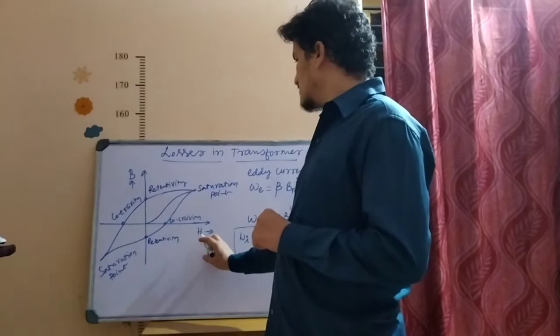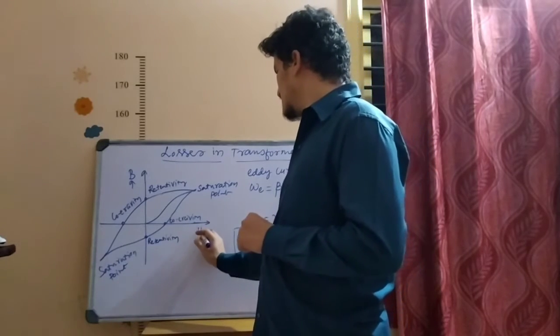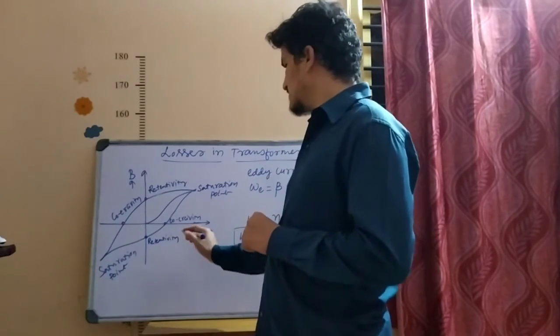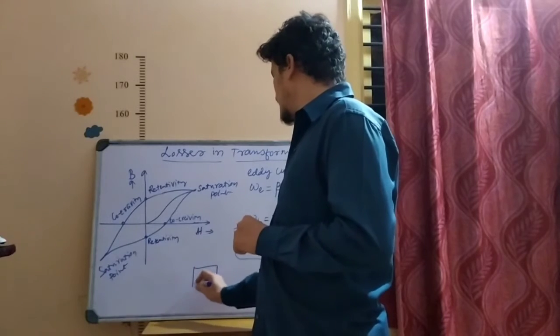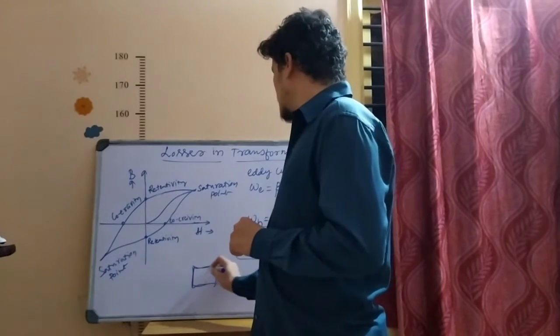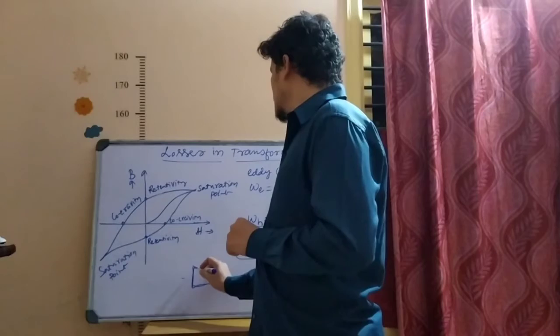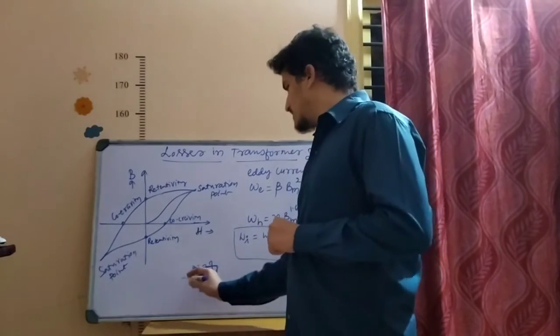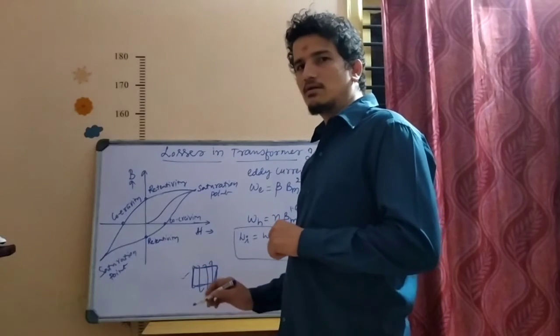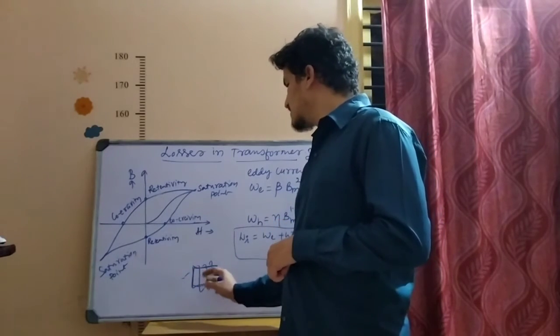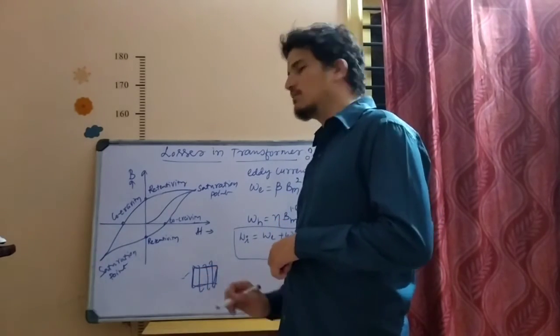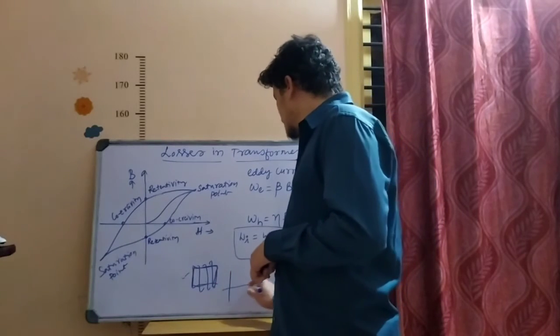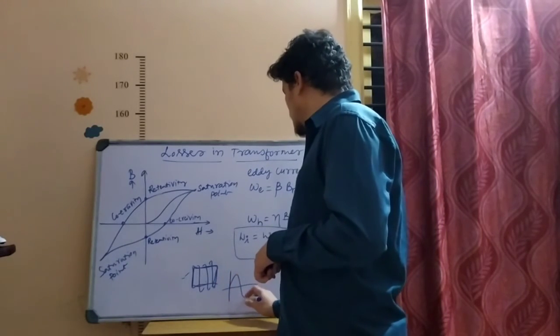Okay. So for hysteresis, say for example, if this is a magnetic core material, I am magnetizing it through a winding by supplying some alternating voltage. What will happen in one cycle? We will discuss only one cycle.